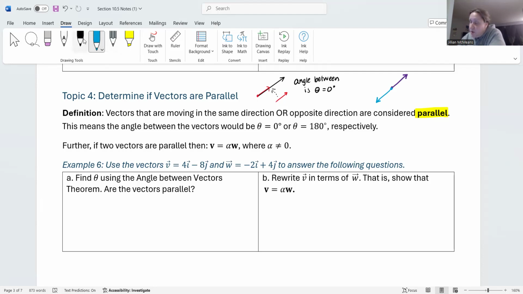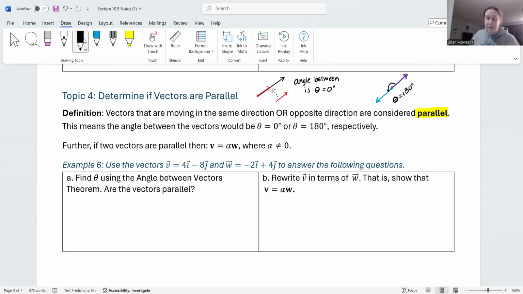The angle between them would end up being 180 degrees. So we have two vectors that are traveling in opposite directions. They are considered parallel, and they have an angle between them of 180 degrees. You can also have vectors that are traveling in the same direction, and the angle between them would be 0 degrees.